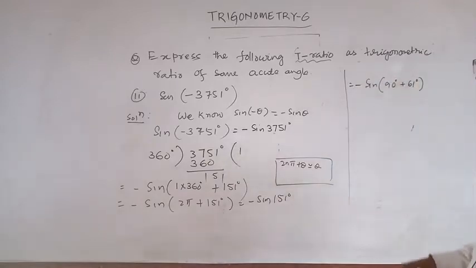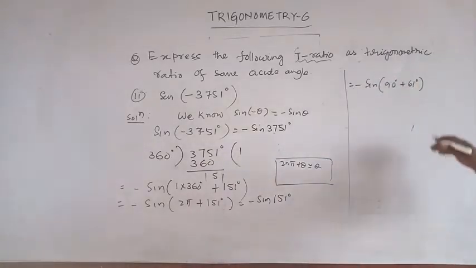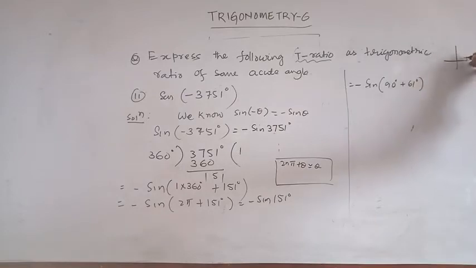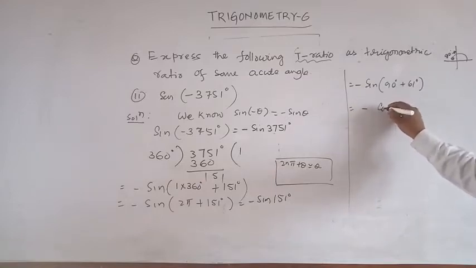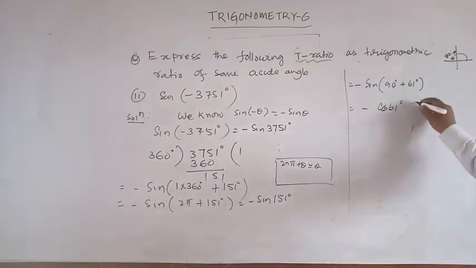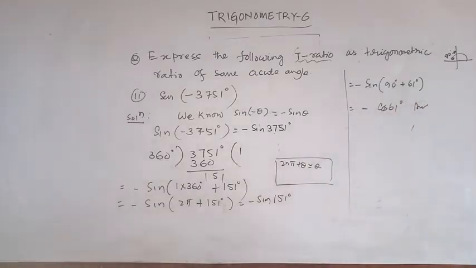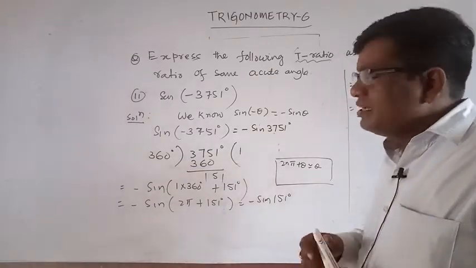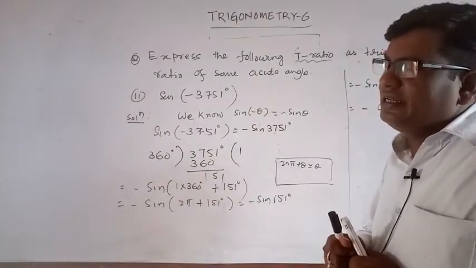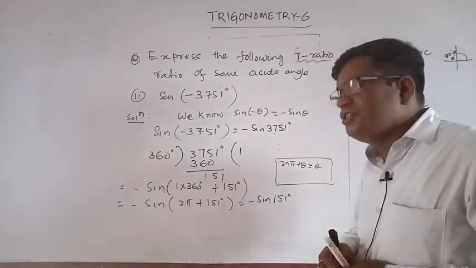Sine of 90 plus theta, sine of 90 plus 61, lies in the second quadrant. This is 90, and this is 90 plus theta. So it is minus of cos 61 degree. Okay. This is the answer. Suppose we verify that dividing the amount by 90 and by 360 gives the same result.